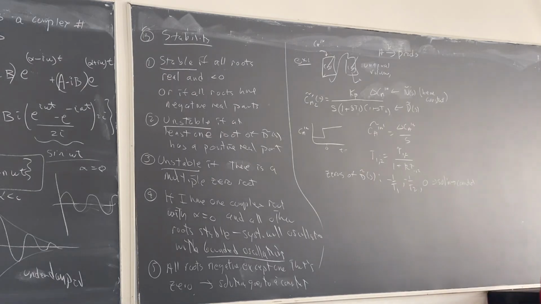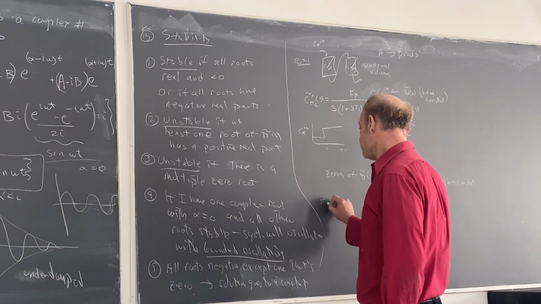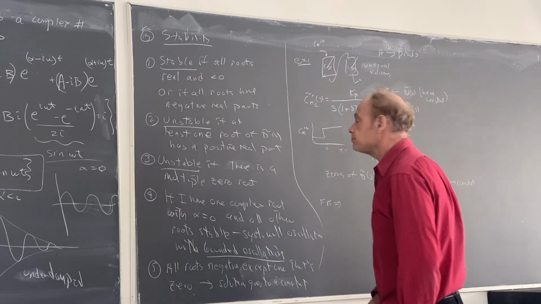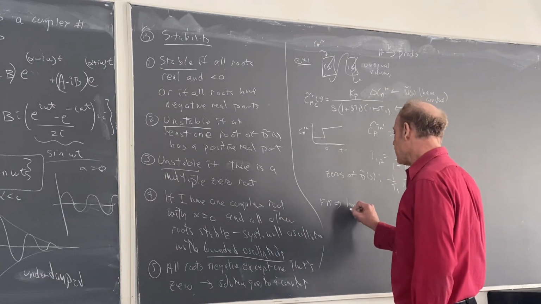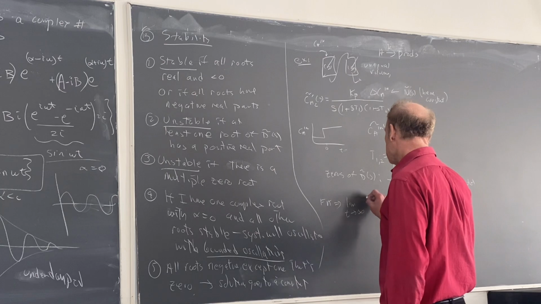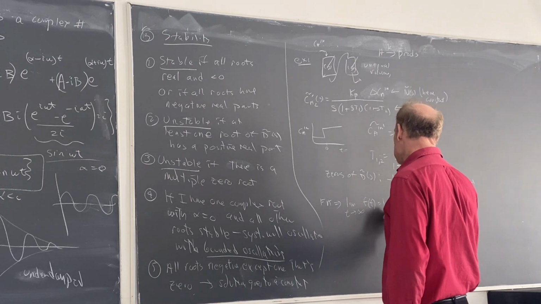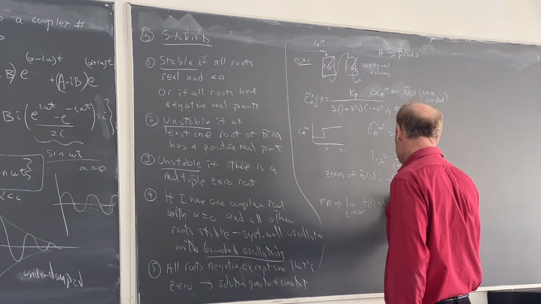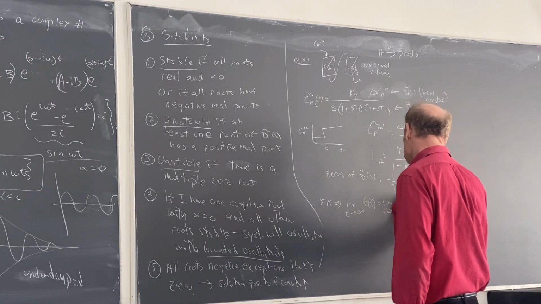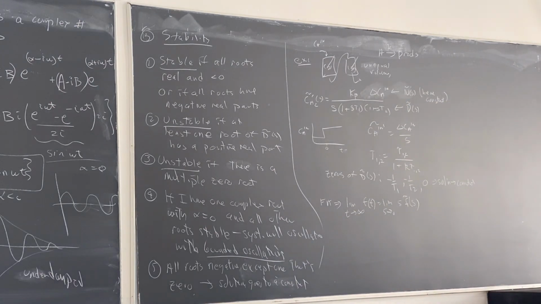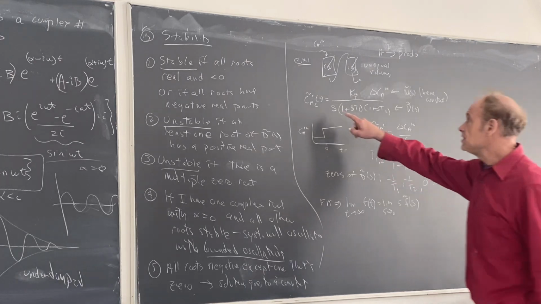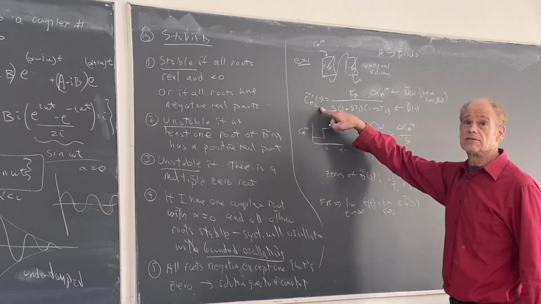To see what that constant is, we can use the final value theorem. The final value theorem tells me that the limit as t goes to infinity of f of t is equal to the limit as s goes to 0 plus of s f tilde of s.